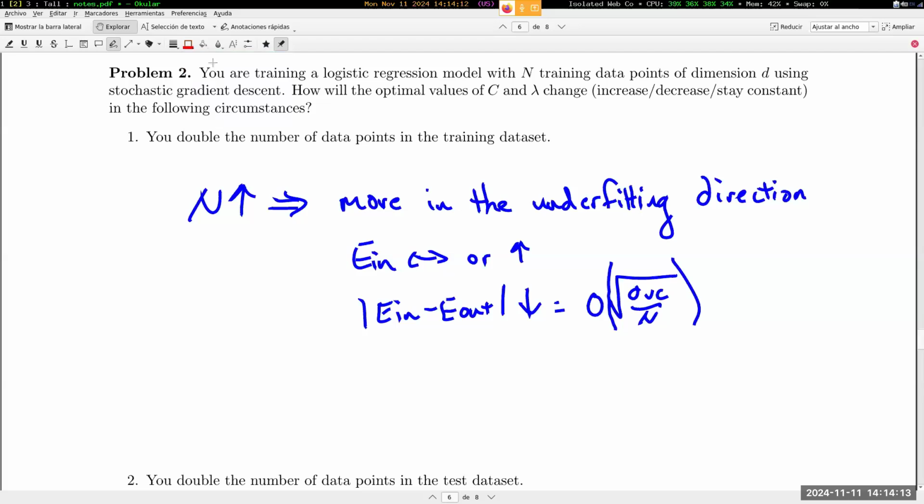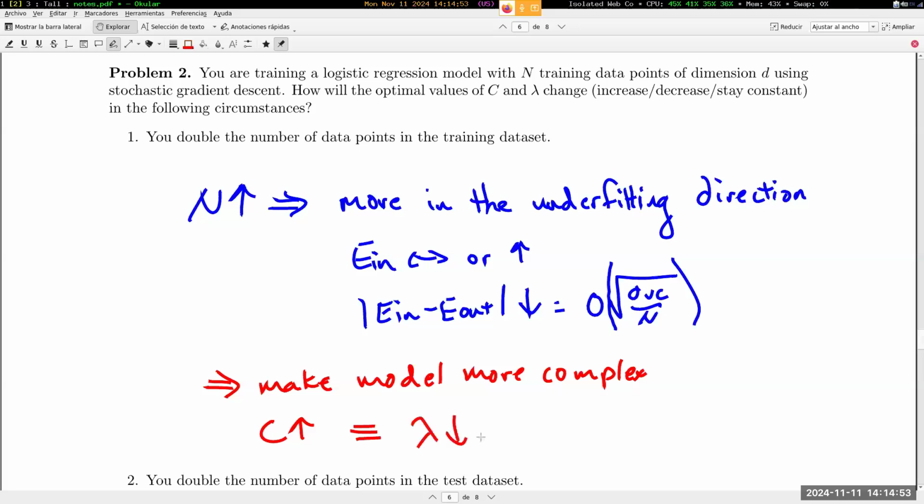And so if this value is going down and our in-sample error is either staying the same or going up, then in order to counterbalance this, we need to make our model more complex somehow. And again, we could do that by trying to adjust our VC dimension somehow, but the regularization gives us this new tool to be able to make our model more complex, and we can do that by making our C value increase, which is equivalent to making our lambda value go down.